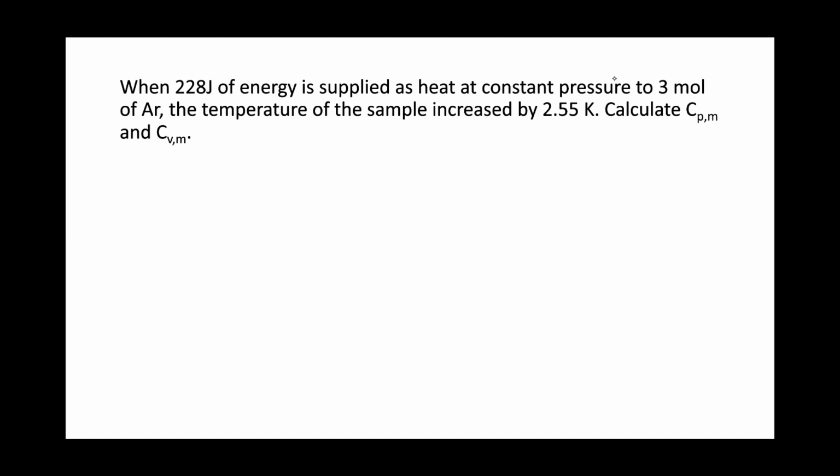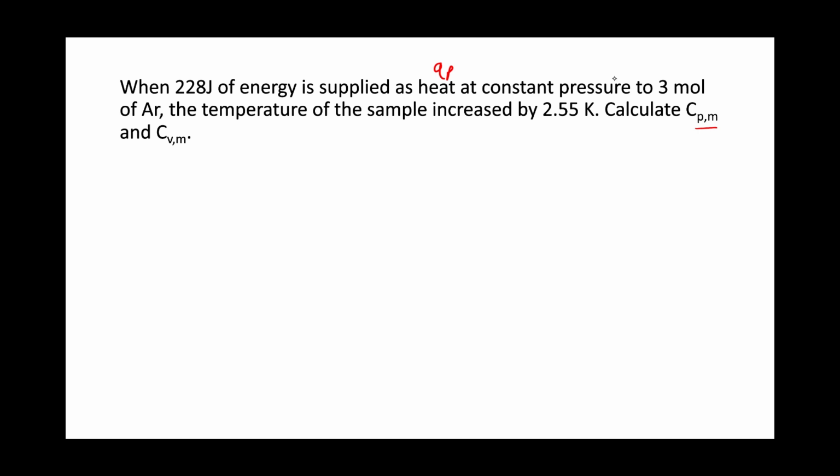When 228 joules of energy is applied as heat at constant pressure to 3 moles of argon, the temperature of the sample increased by 2.55 Kelvin. Calculate the molar heat capacity at constant pressure and the molar heat capacity at constant volume.